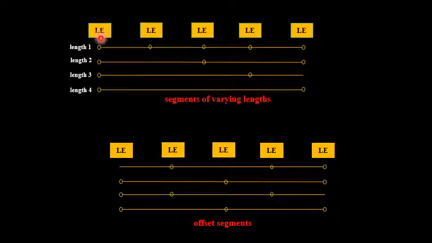Suppose I want to make a connection from this first logic element or combinational logic block, I am designing length 1 for this much length. I can use that wire to connect from one block to the immediate next block, that is the second block. Similarly from here to here, you can see the distance between each individual logic element, and the interconnect length is maintained in a similar manner.